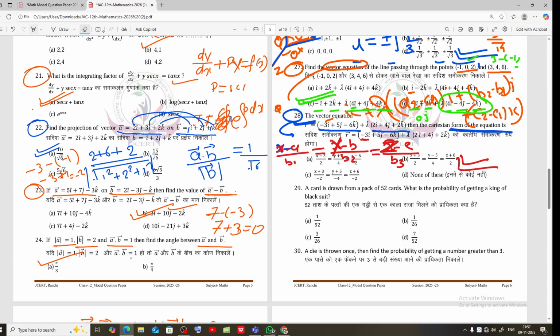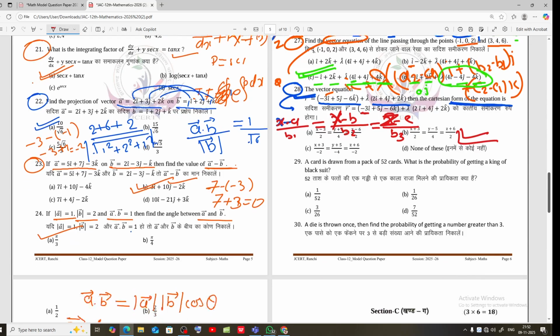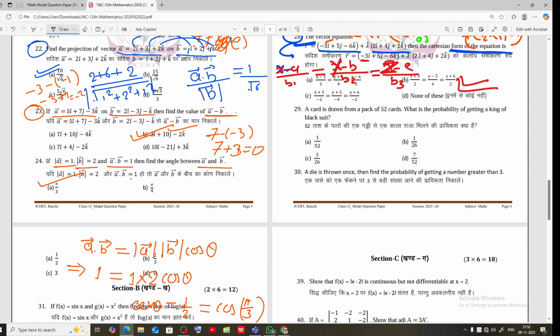Now question number 29. A card is drawn from a pack of 52 cards. What is the probability of getting a king of black card?